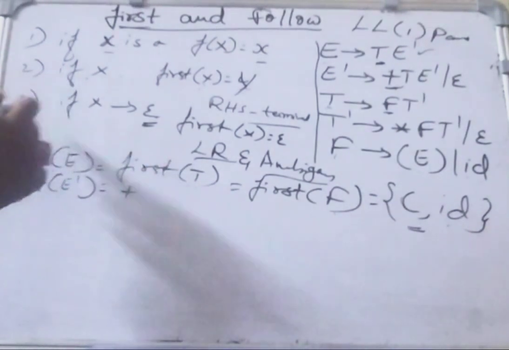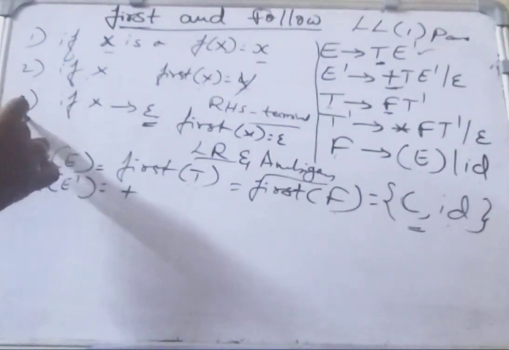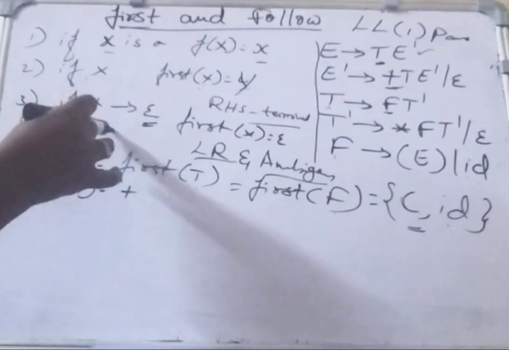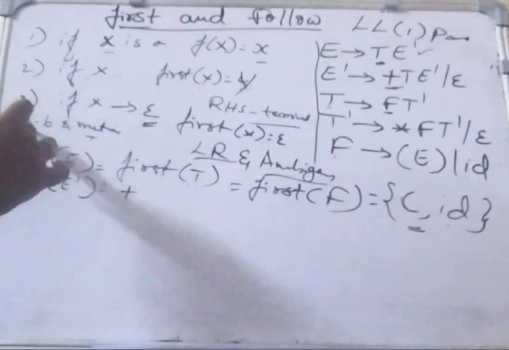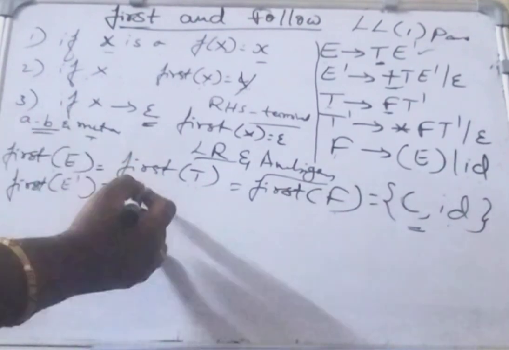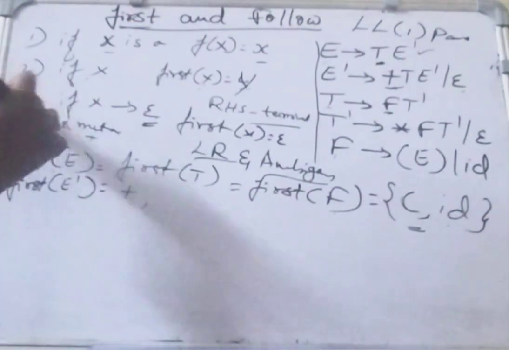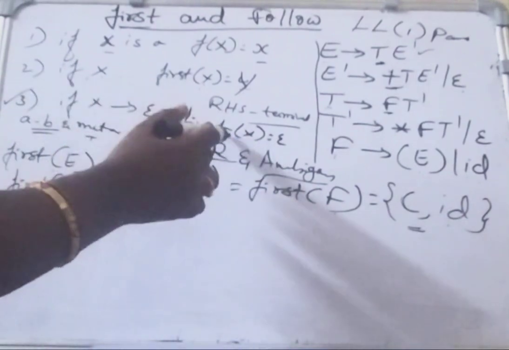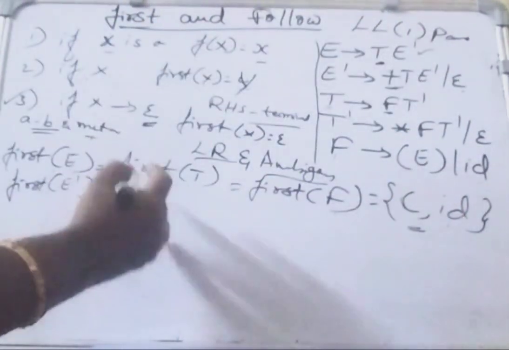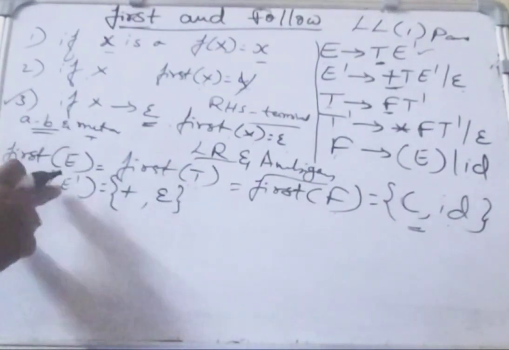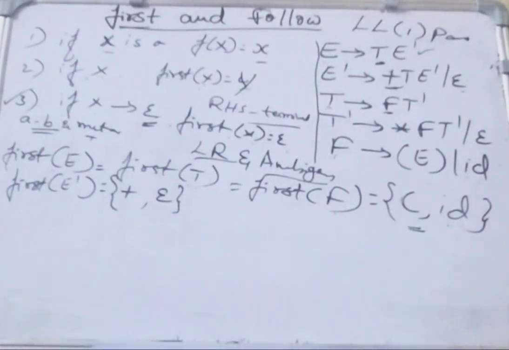Special characters, lowercase letters, and any meta characters like plus, minus, star, division are all considered terminal symbols. So plus, comma, and the next production is epsilon. According to the third rule, if x derives epsilon, then first of x is also equal to epsilon. So here we have two symbols for first of E dash.